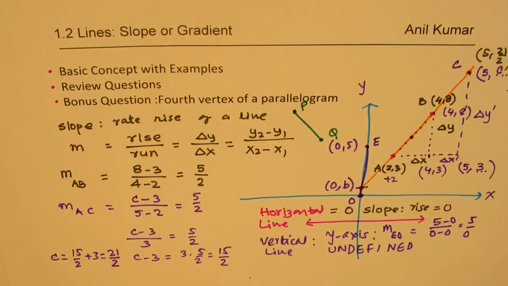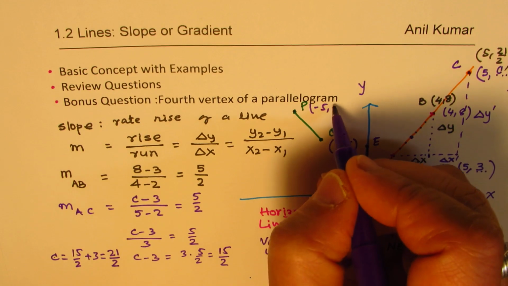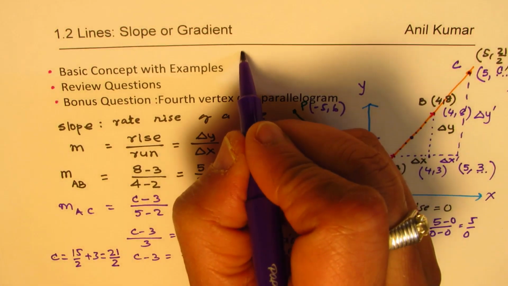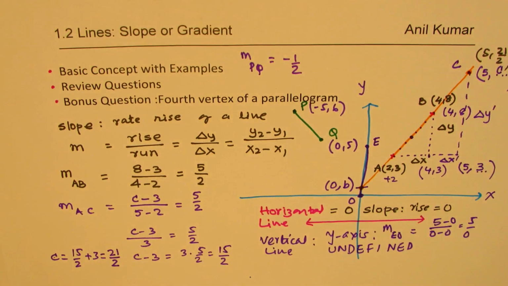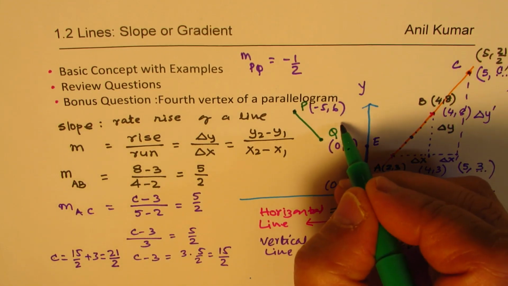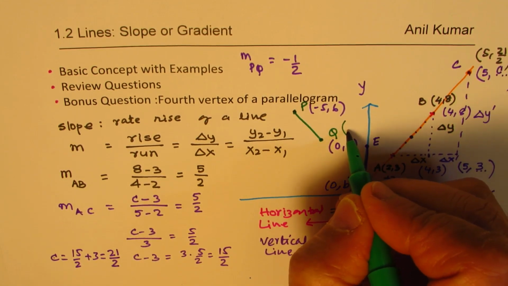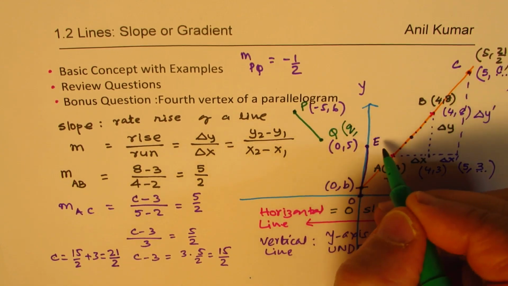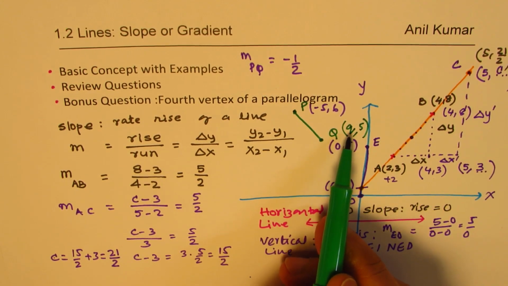If I know that the coordinates of point P are minus 5 and 6, and that the slope of PQ is negative half since it is going down, and if I want you to write down the coordinates of Q, let the coordinates of Q be, this time, the x value is not known, but let us say that the y value is 5. Then can you tell me what Q could be?